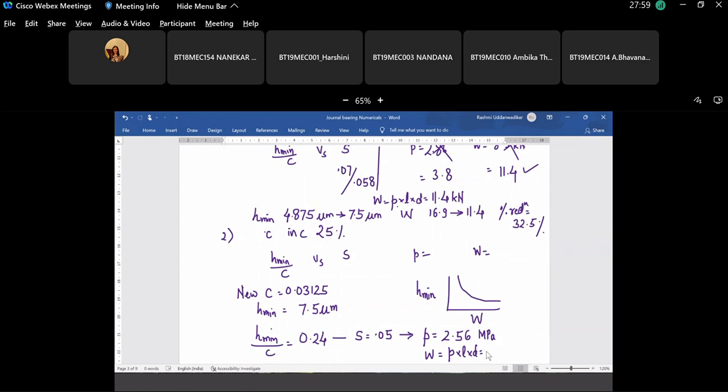So pressure is reduced from 3.8 to 2.5. Load carrying capacity will also reduce from 11.4 to a new value. 7.6.